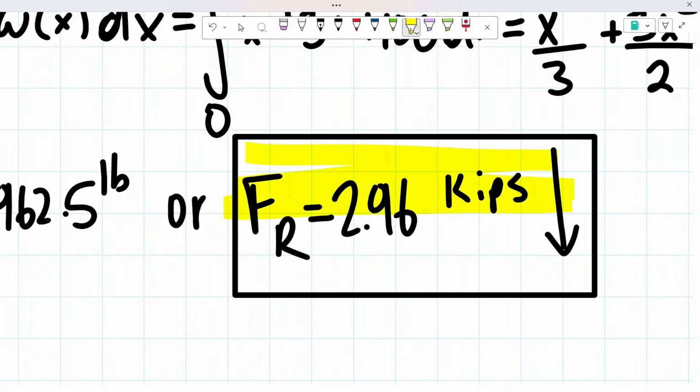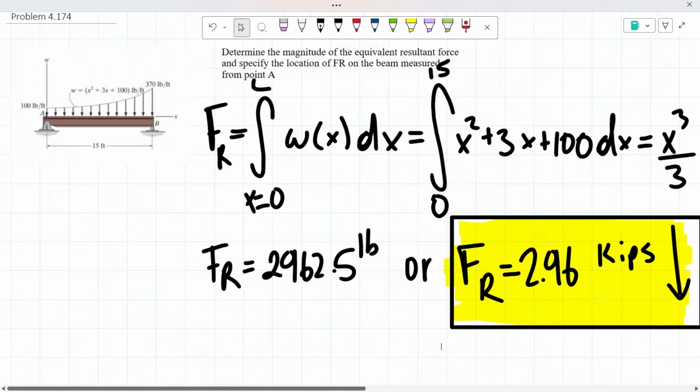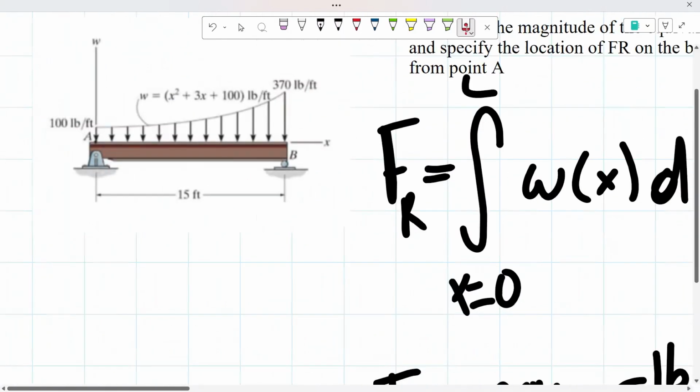So now that we were able to determine the magnitude of that concentrated force, from there it asked us to determine the location of this resultant force on the beam measured from point A. So from point A, we have to determine how far out it is.